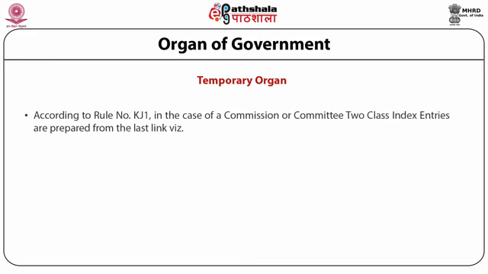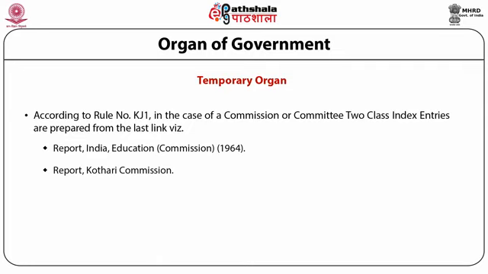According to rule number KJ1, in case of commissions or committees, two class index entries are prepared from the last link. For example, Report, India, Education (Commission 1964). Second heading would be Report, Kothari Commission.